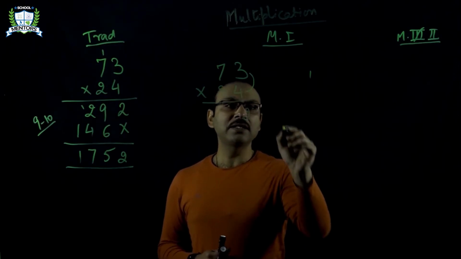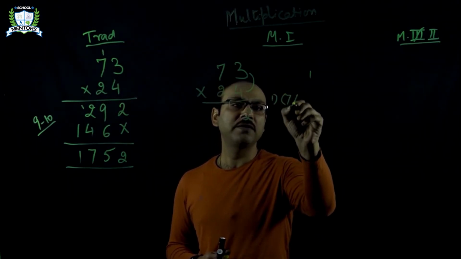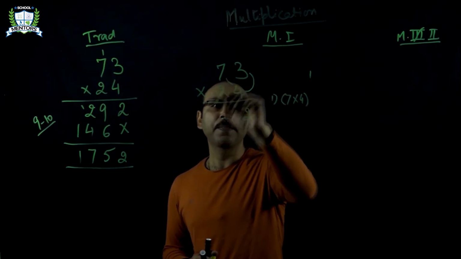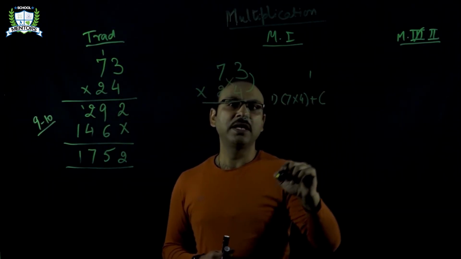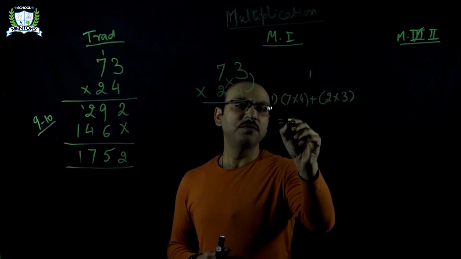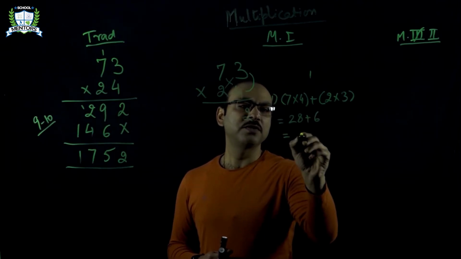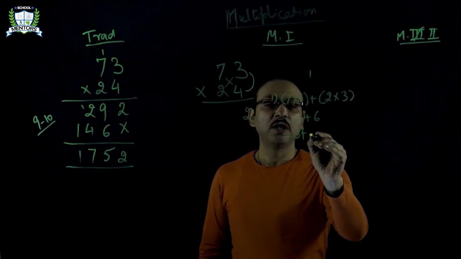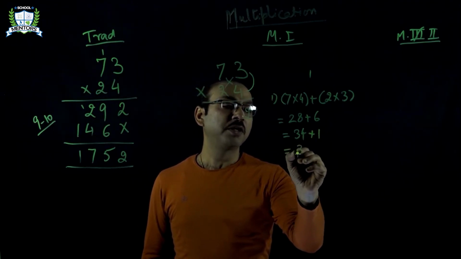Now the next step is slightly complicated. Here what we do is 7 into 4, that is cross multiply, add that to the cross multiplication the other way, that is 2 into 3. So 7 4s are 28 plus 6, which gives us 34. Now if we take over the carry forward from there, the answer would be 35.